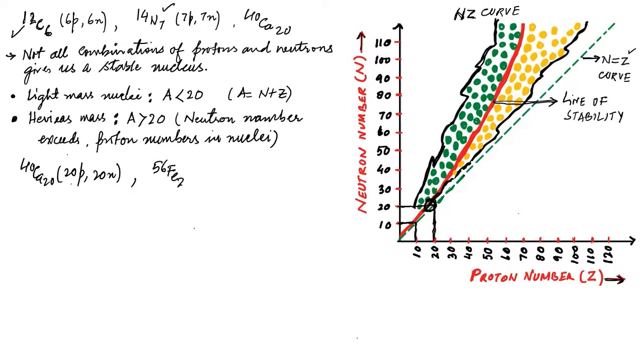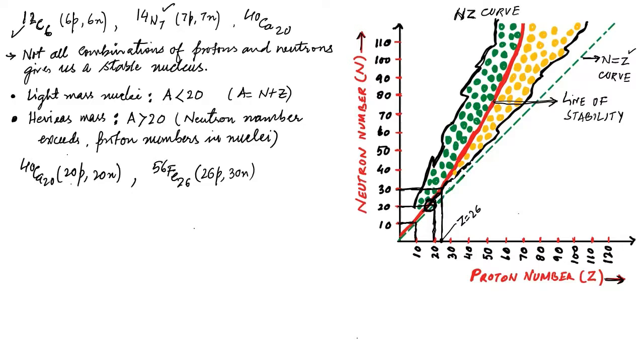And next, if we consider iron-56, this has 26 protons and 30 neutrons. If we draw the line for 30 neutrons, and then come across to the Z number, Z here is 26.